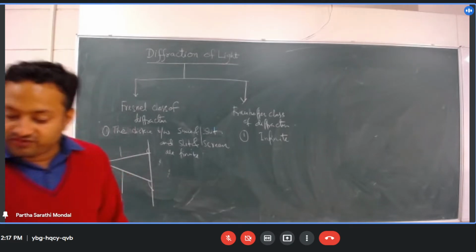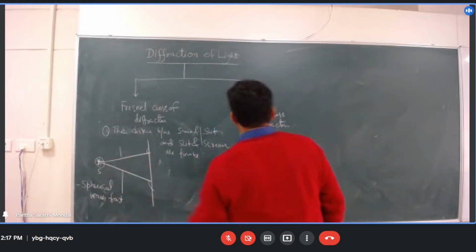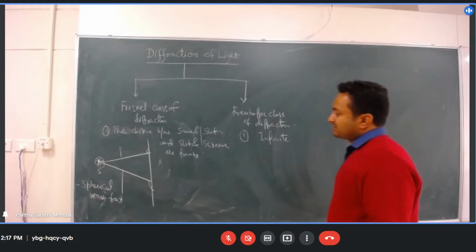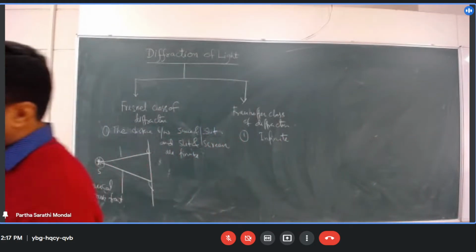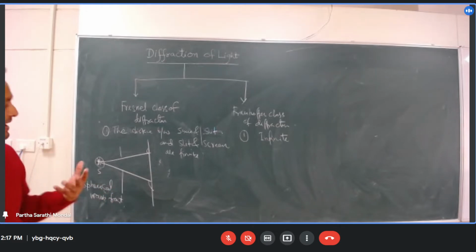Now, if you have the condition that these two distances should be infinite, we know that any light wave coming from infinity should be parallel. That means it will be a plane waveform.